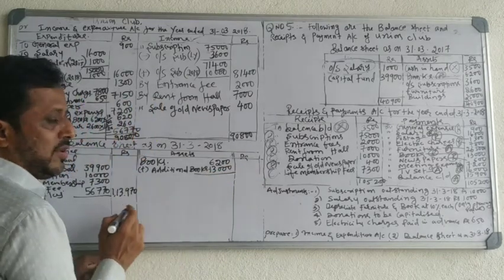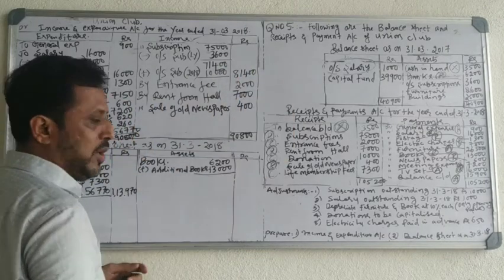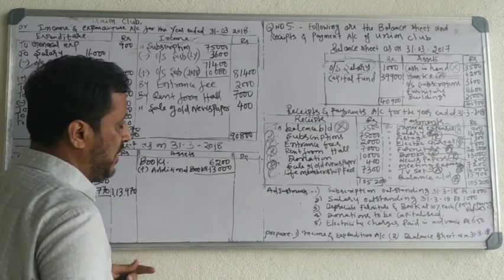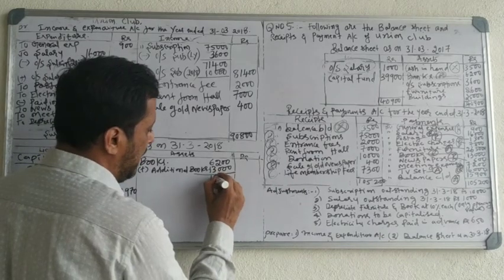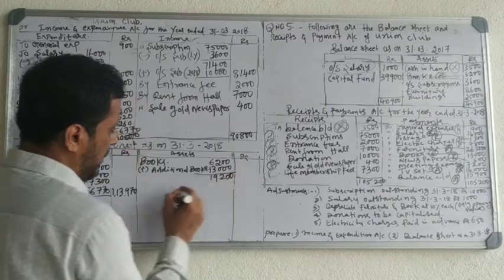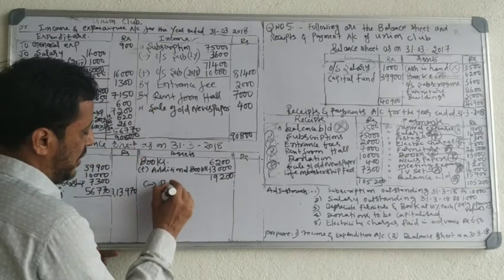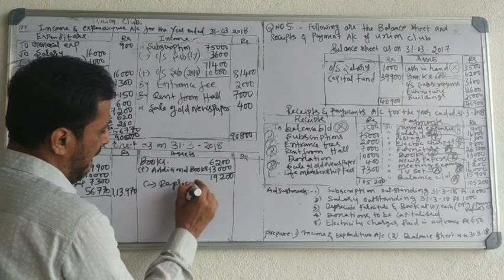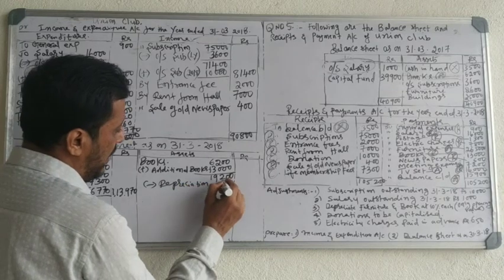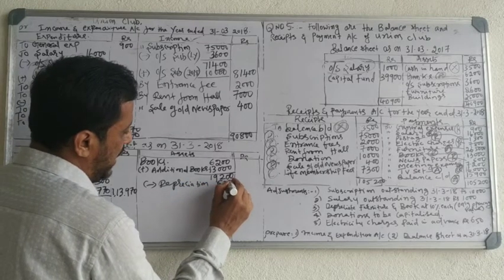Total books is opening books 6,200. Additional books purchased this year 13,000. Total 19,200. From this less depreciation, 620.